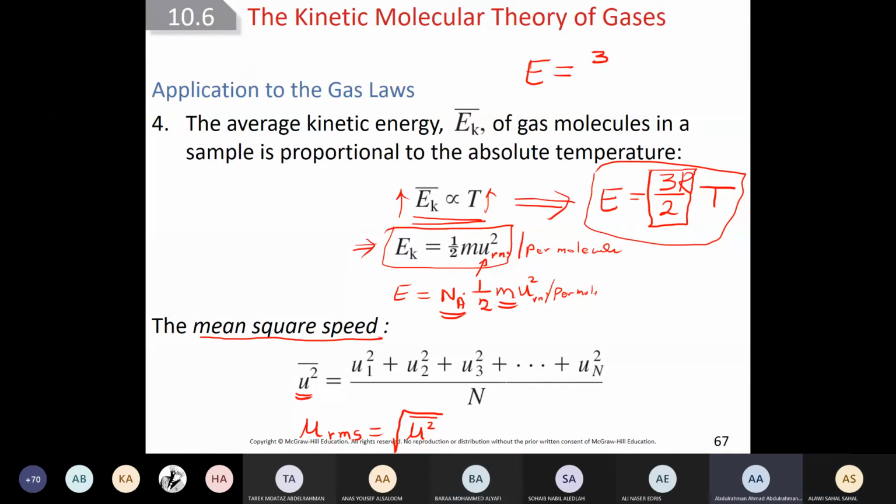Well, how do you find the number of moles of anything? N for any gas, what is it equal to? Mass over molar mass, right?